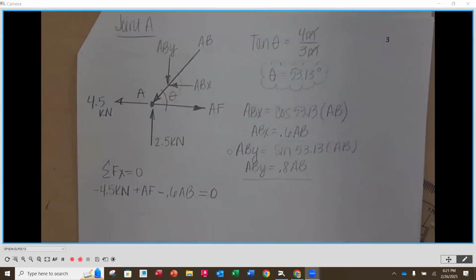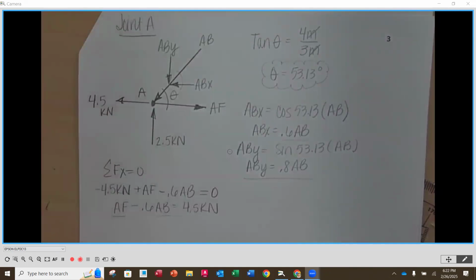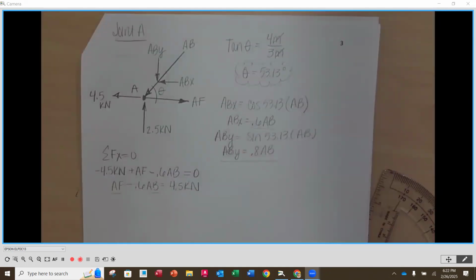So the left-hand side here is my sum of my forces in the x, equal to 0, is the end of the equation. I can put my 4.5 on the other side, so I can say AF minus 0.6 AB is equal to 4.5 kilonewtons, but I've got two unknowns here, right? So algebraically, I can't solve, but I've got my other equation of equilibrium to see if that helps me out.